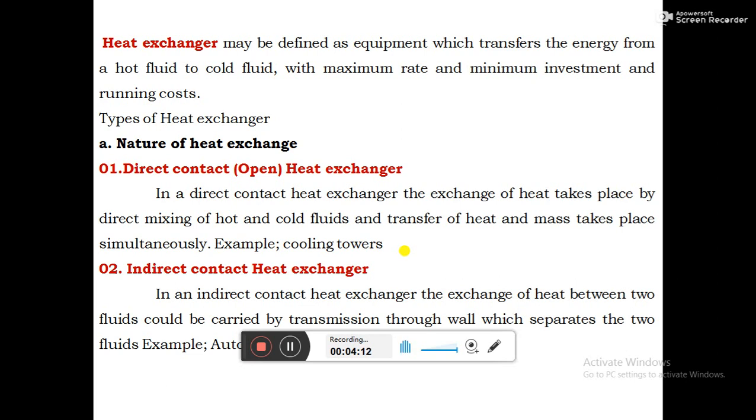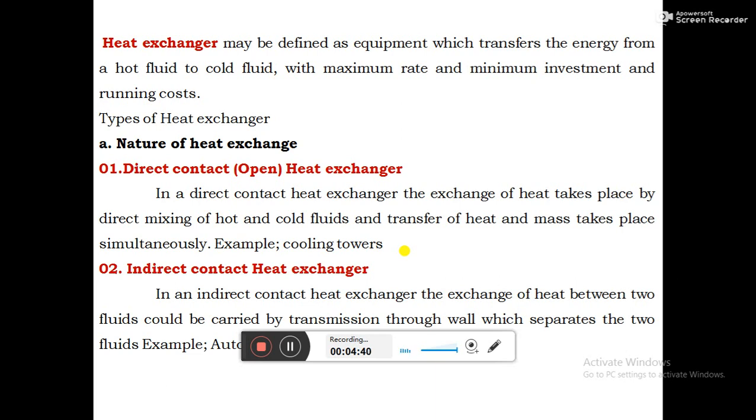Releasing heat to the atmospheric air, it gets evaporated, and the remaining quantity of water cools down and falls through the cooling tower. Thus, cooling of the hot water takes place. Here there is a direct contact between the water and the atmospheric air. Therefore, the cooling tower is a best example for a direct contact heat exchanger.